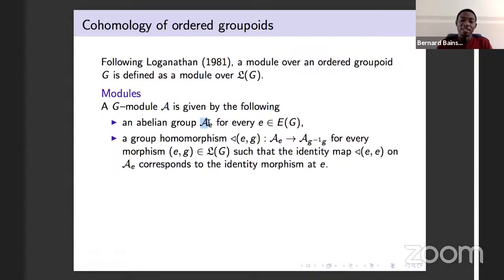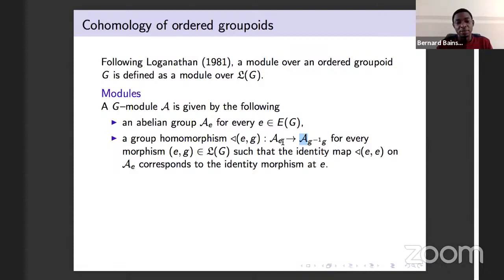So for every identity E, you associate an abelian group A_E. And then whenever you have a map between two identities, you'll have a group homomorphism. So if you take the morphism g in our category, you'll be able to associate to it a group homomorphism from A_E into the abelian group associated to the range of g.